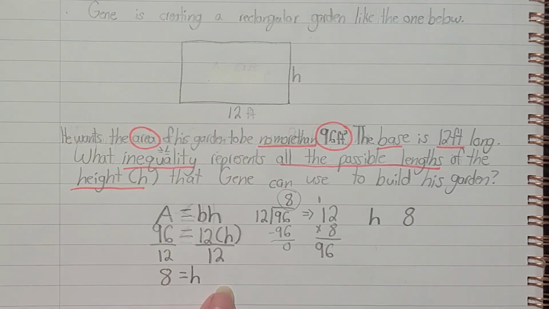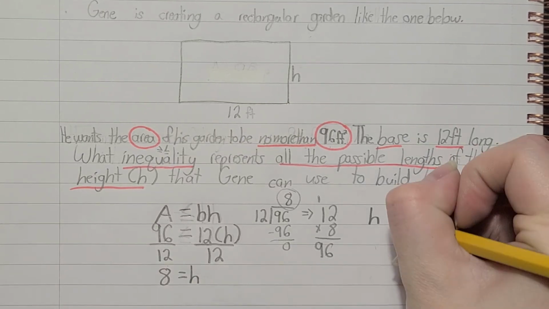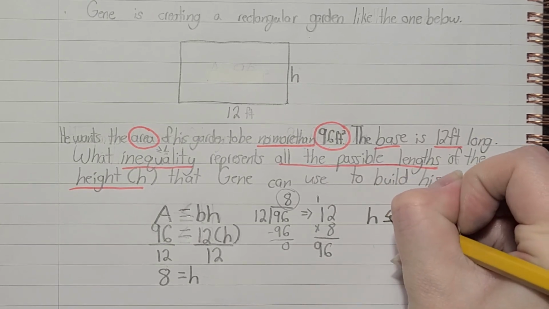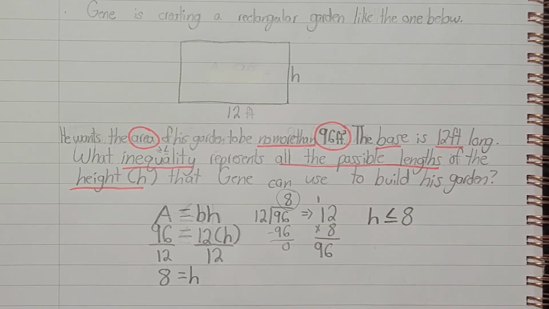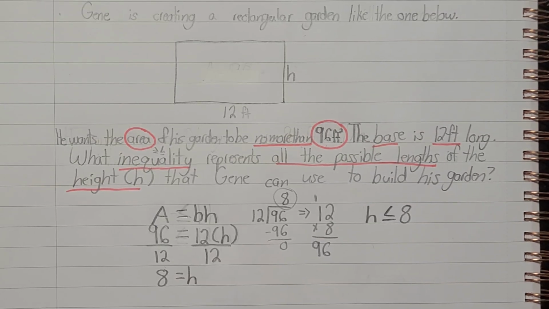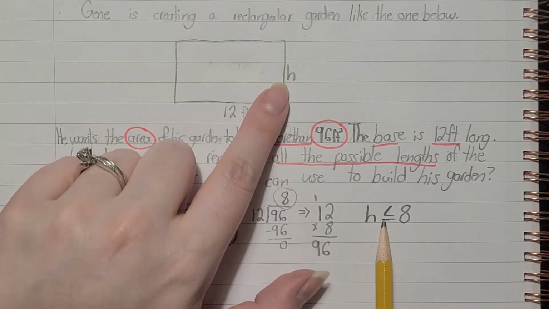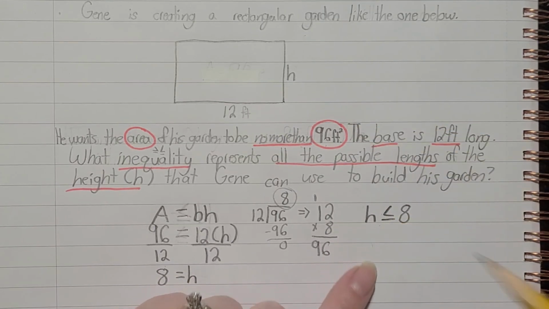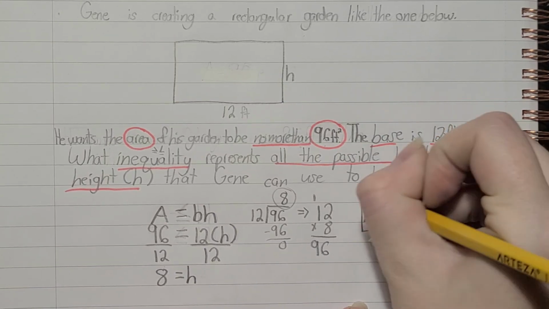If I say you can have no more than 2 cookies after dinner, you can have 2 cookies or less. So you could have that amount or less than that amount. Okay? All right. So ultimately, his height would need to be less than or equal to 8 to have an area that's no more than 96 feet squared.